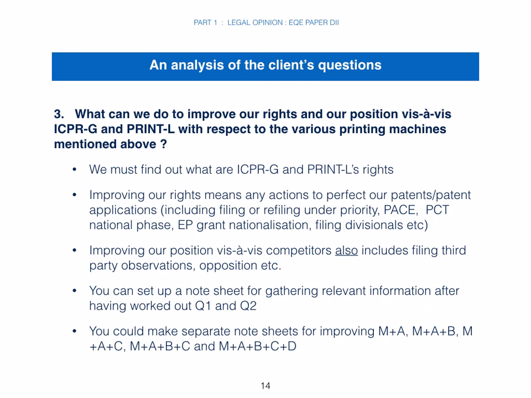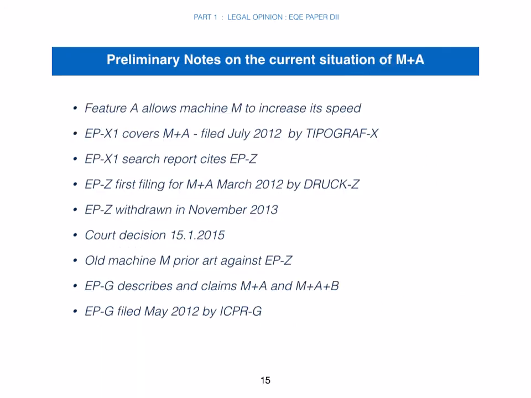Let's now begin with some preliminary notes on the current situation of M plus A that we will have noted down as we go along. These then are preliminary notes I gradually gathered as I read the situation the first time. Feature A allows machine M to increase its speed. EPX1 covers M plus A, filed July 2012 by Typograph. EPX1 search report cites EPZ.